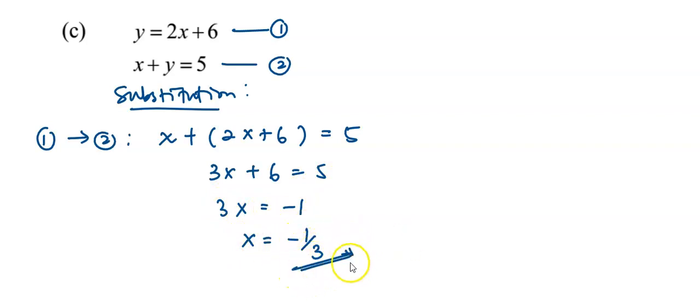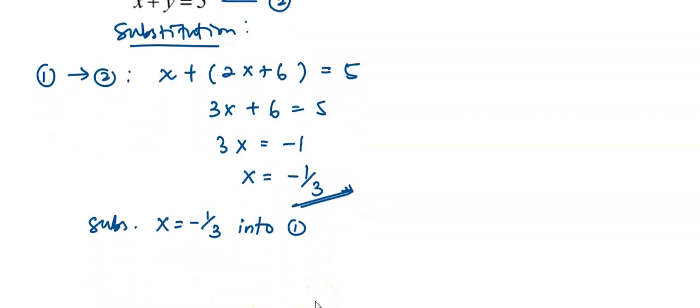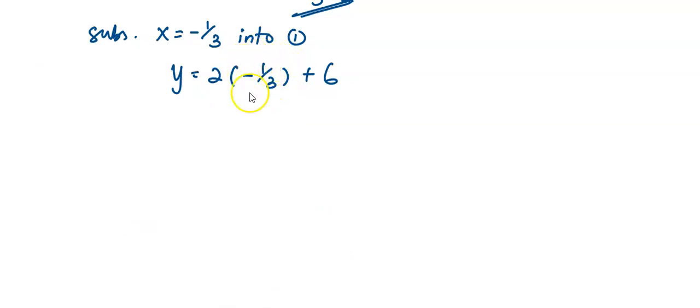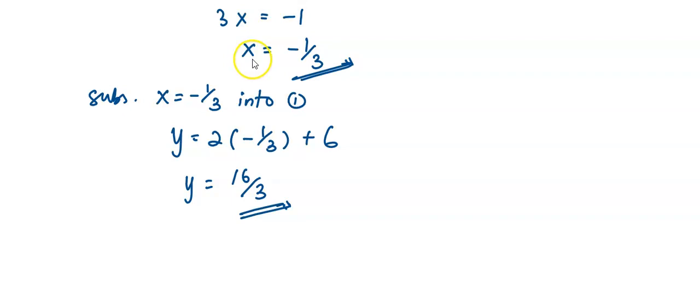So you have solved for x, and now you can solve for y by substituting x equals negative 1 over 3 into equation 1, which is y equals 2x plus 6, where x is replaced by negative 1 over 3. Then finally, you have y equals 16 over 3. So for the third example, the solution is x equals negative 1 over 3, y equals 16 over 3.